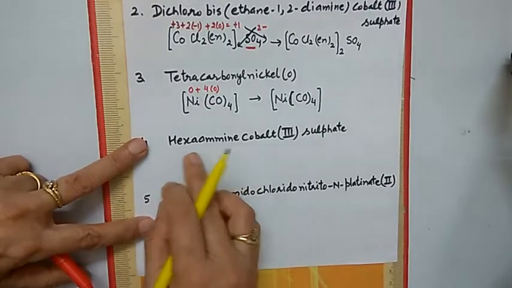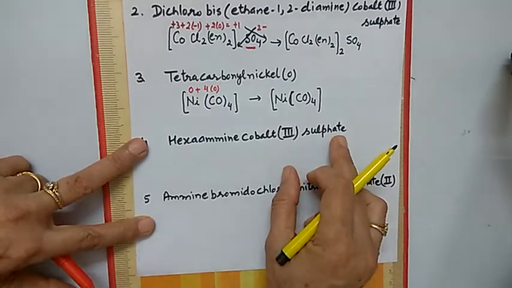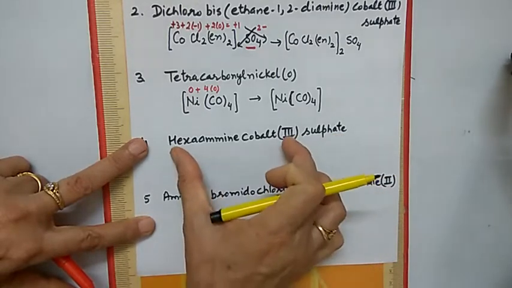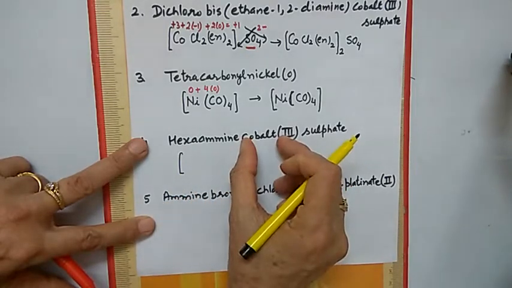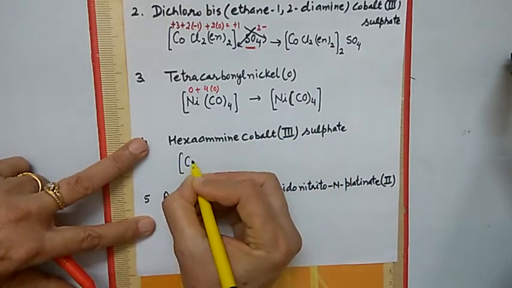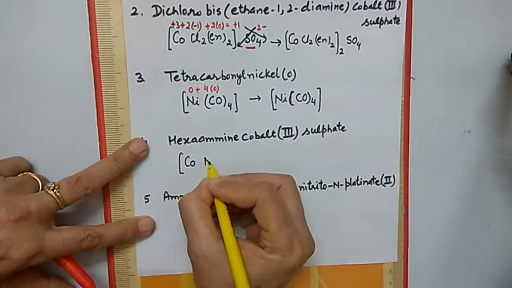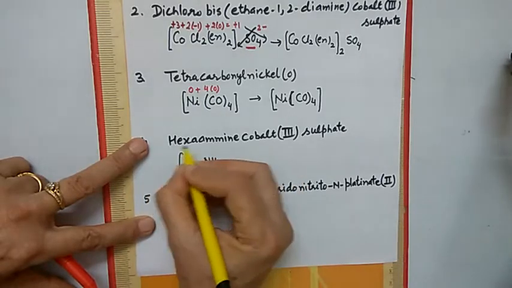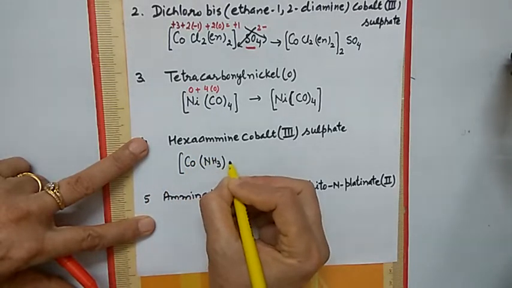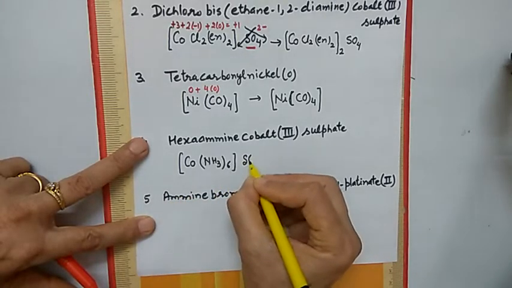Let us see the next one. Hexaamminecobalt 3 sulfate. This is the complex ion. Start with the bracket. First the symbol for the metal, cobalt, then the ligand ammine. The formula for ammine is NH3. How many? 6. Bracket closed and there is sulfate.